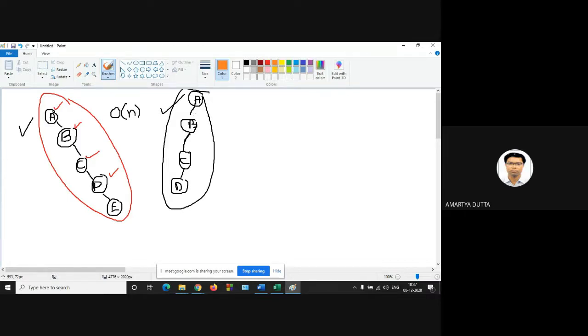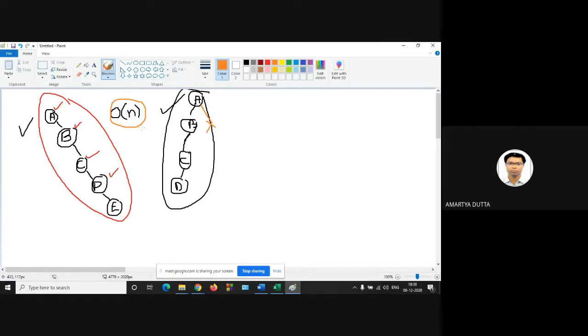So it belongs to the non-linear domain. But how to answer this? You have to answer that in case of a left skew tree, the right part is absent. Similarly, in case of a right skew tree, the left part is absent. That's why it looks like a linear structure, but actually it is non-linear. The complexity for searching any element in a skew tree is order of n.